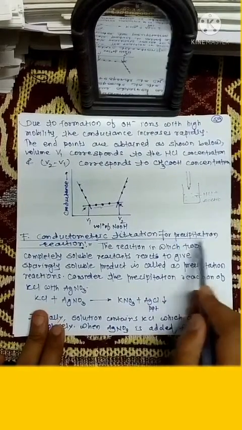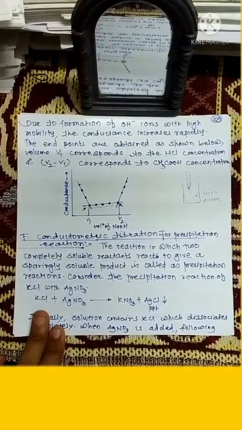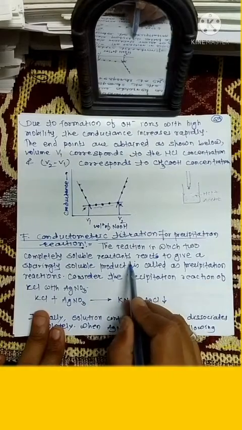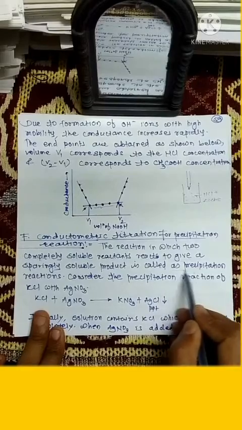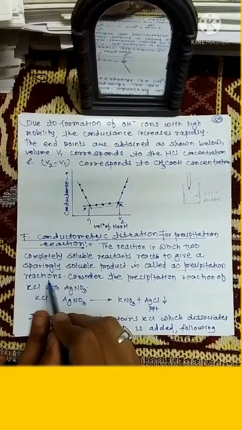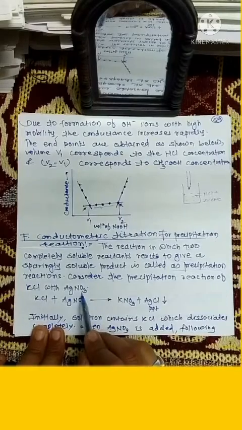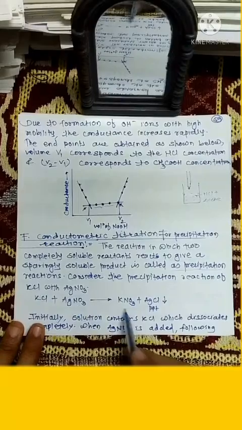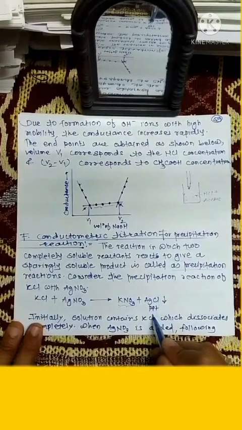Now we are going to see conductometric titration for precipitation reactions. The reaction in which two completely soluble reactants react to give a sparingly soluble product is called a precipitation reaction. Consider the precipitation reaction of KCl with AgNO3. KCl reacts with AgNO3 to give potassium nitrate, and AgCl is the precipitate.